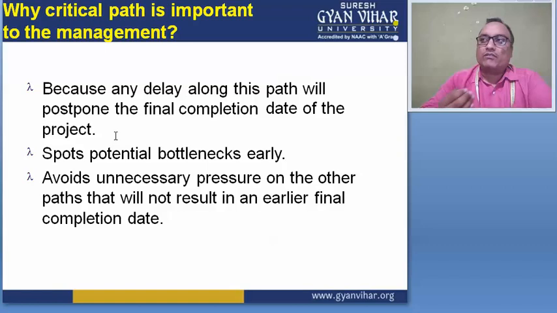Otherwise one department is working and another department is highly pressurized, and this type of result will not happen, and that will not result in an earlier final completion date also, right? So this type of thing is very important for the management persons.